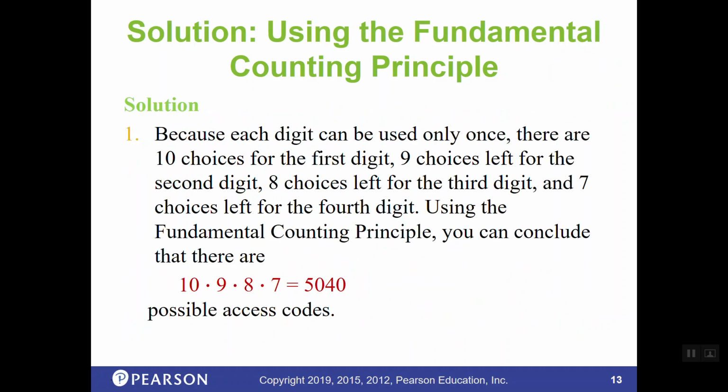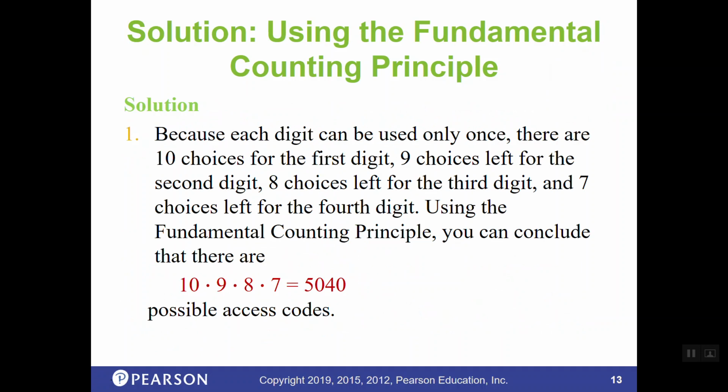For the first one, because each digit can be used only once, there are 10 choices for the first digit. For the second one, you have 9 to choose from, because you already used one of the 10. For the third one, you have 8 left to choose from.